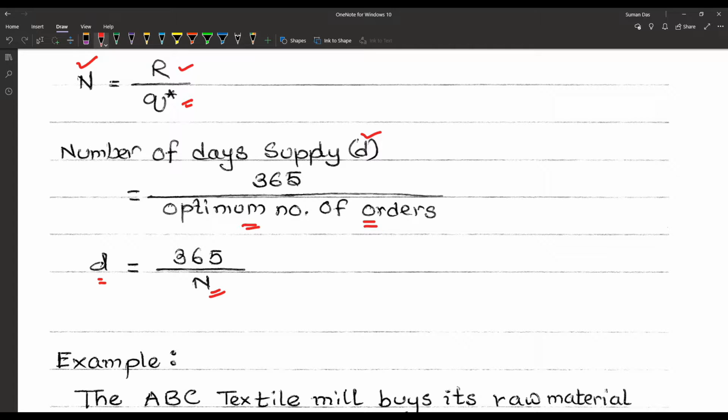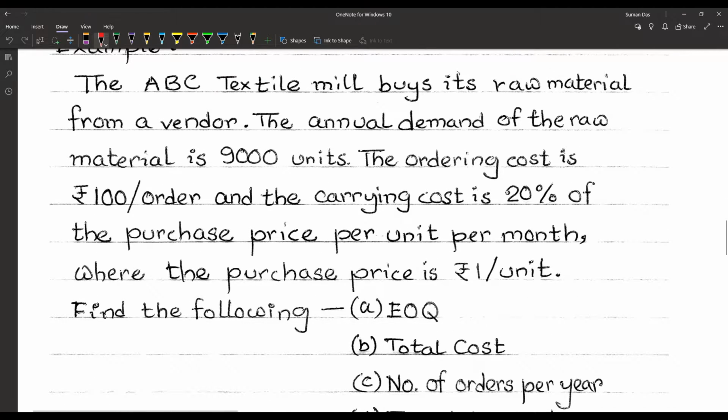Let's check model 1A with an example. That is our second problem. You may check the first problem on my channel. The problem statement is like this: the ABC textile mill buys its raw material from a vendor. The annual demand of the raw material is 9,000 units.